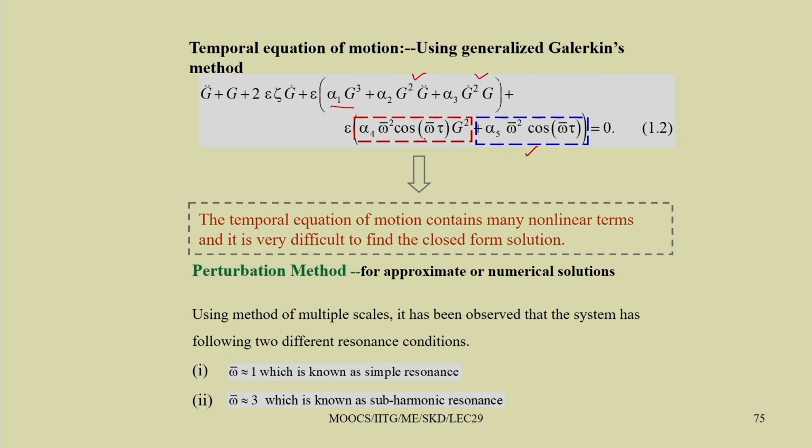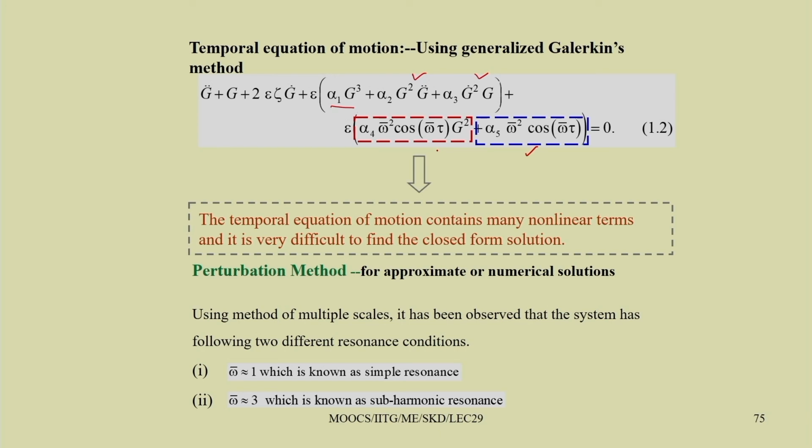For this part, that is epsilon alpha 4 omega square cos omega t into G square, as G is the time modulation whose coefficient is a periodic function, the system is parametrically excited and also subjected to external forcing. So, it is a direct and parametrically excited system.